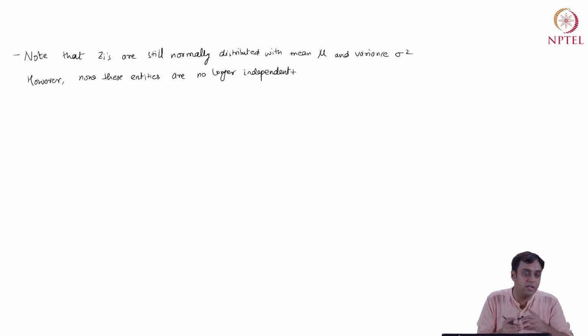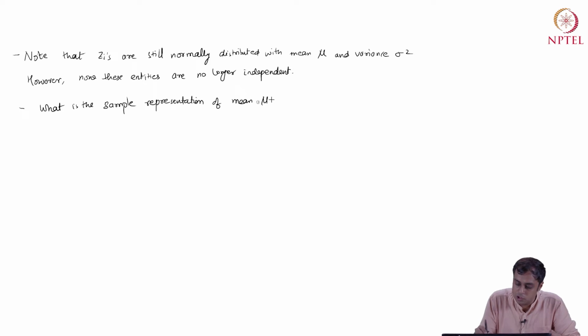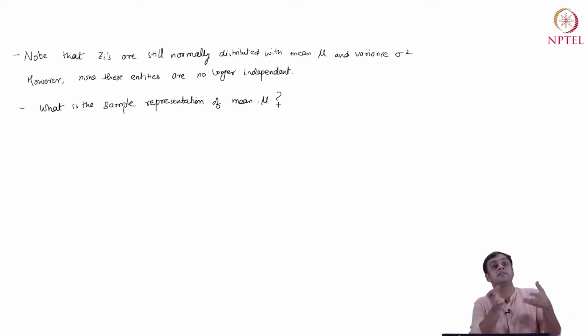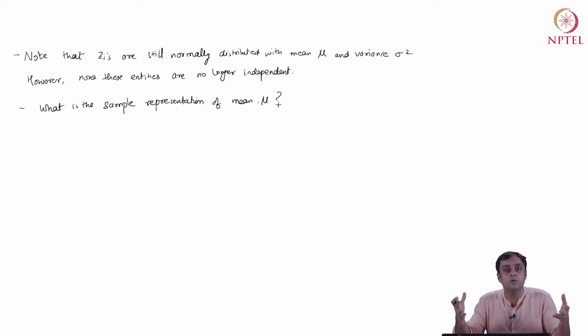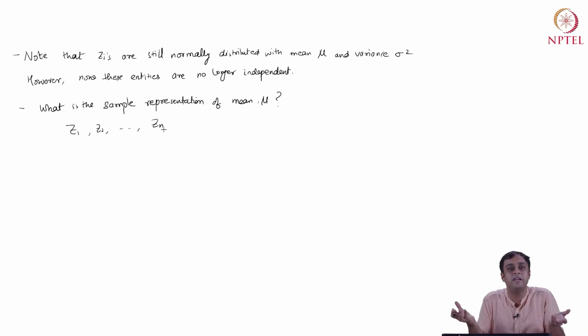So we are working with entities which are no longer independent, and of course we still care about the mean. So what is the sample representation of mean mu? I'm asking the same question that I asked in the IID case: what is the best guess of mu? Well, at the end of the day, what information do I have? I have a sequence Z1, Z2 till Zn. Of course, they are spatially dependent, fine, but that's the information that I have.